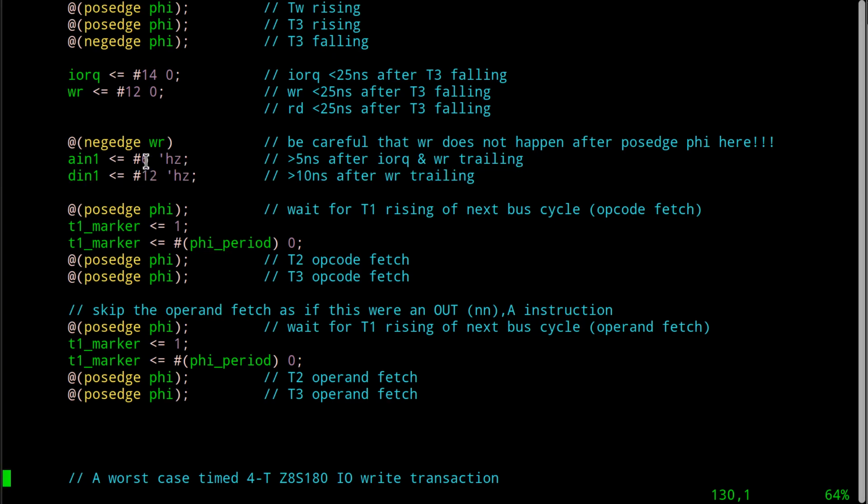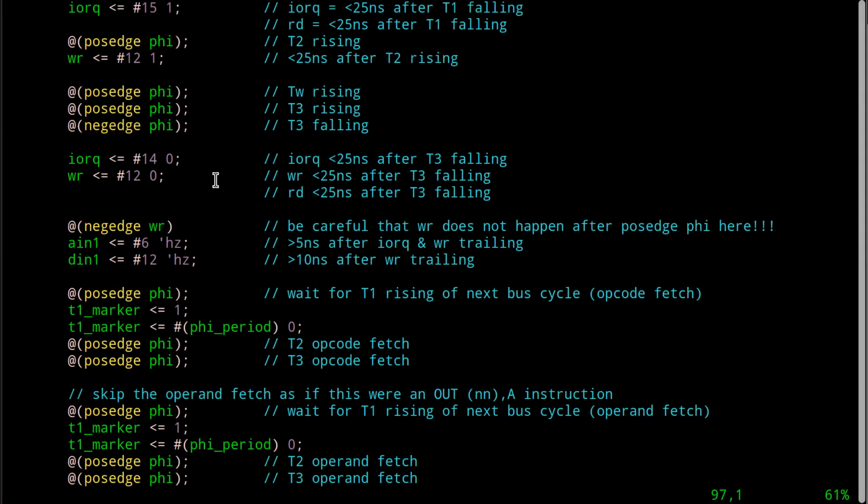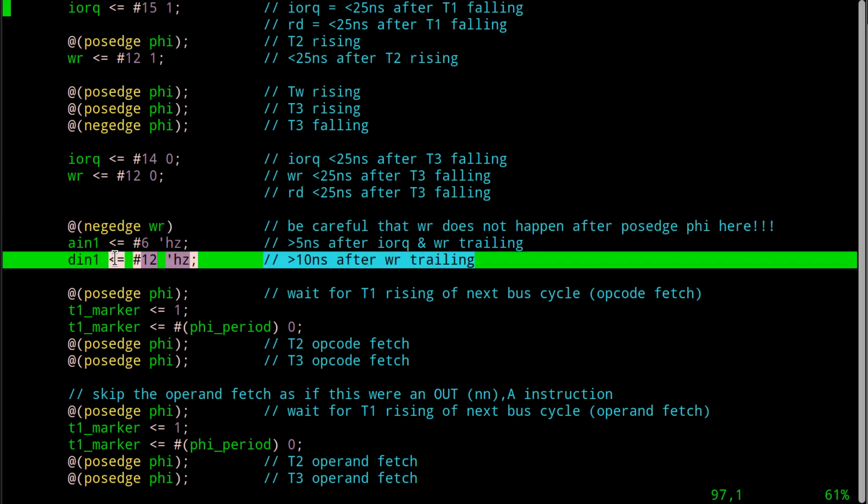So what I'm doing here is, if I move right around, why am I doing this, right? I could do this based on phi or something like that, because, let's face it, the address bus will change as a result of phi. I'm sure that's how the chip is designed. However, the timing is specified relative to the negative edge or the trailing edge of the write signal and IO rec here, or specifically the write signal for the data bus.